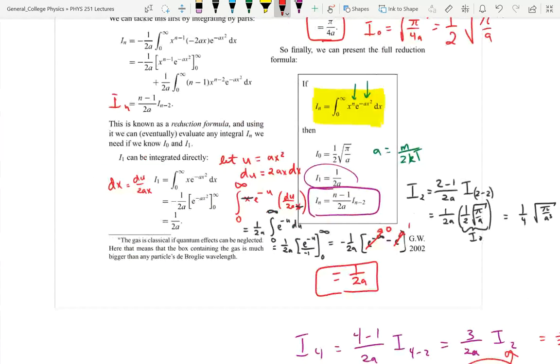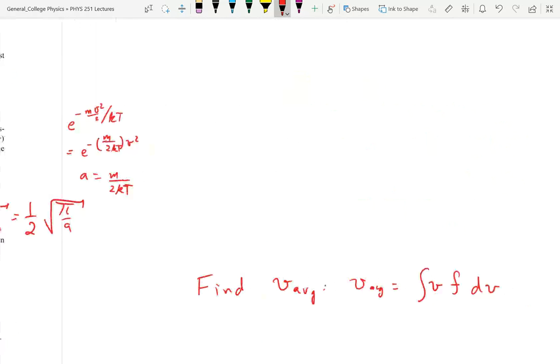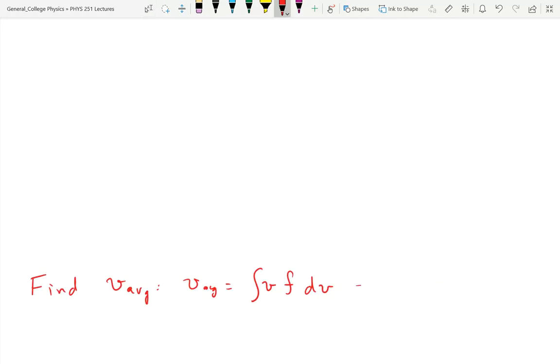And this f is this equation in the box. So that f has a v squared. Now, you've got to pay attention to the constants. I've just been using b for my constant, right? But that f is going to have a v squared. So it's equal to a constant times the integral of v times v squared, which is v cubed.